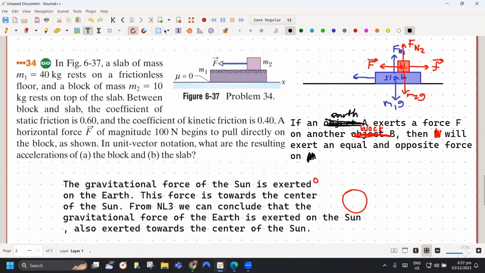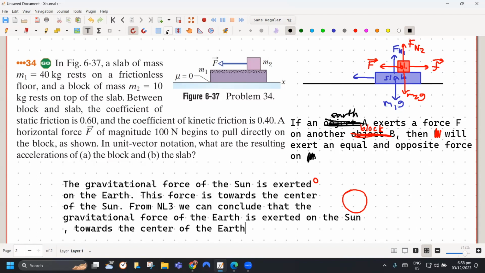Teka, di ba equal and opposite? So kung exerted towards the center of the sun yung gravitational force from the sun, anong direction yung gravitational force from the earth? Away from the center of the sun. Towards, so from the center of the sun towards the center of the earth.